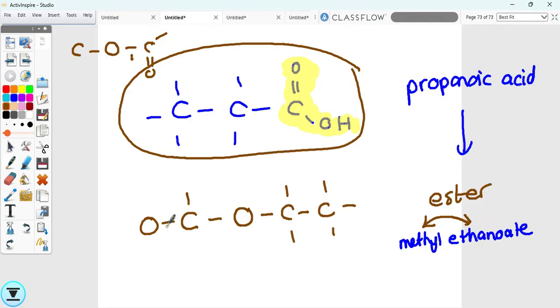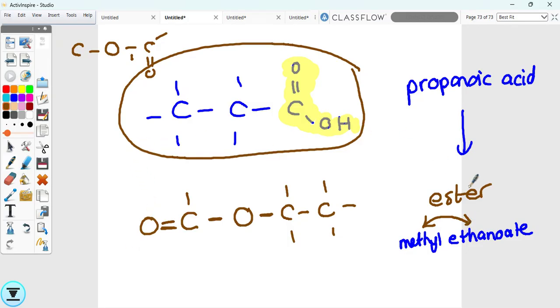So the oxygen between the carbons has a single bond to the one carbon and a single bond to the other carbon. It has to have two bonds. So the oxygen that's on the edge always has to have a double bond if it's on its own. Otherwise, it will have to have a hydrogen with it. Does that make sense? Okay.